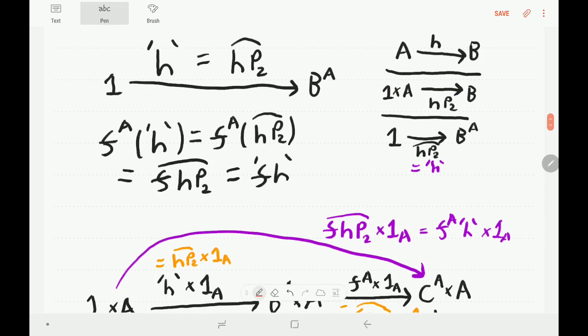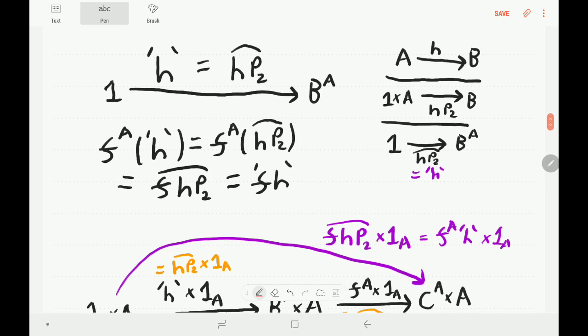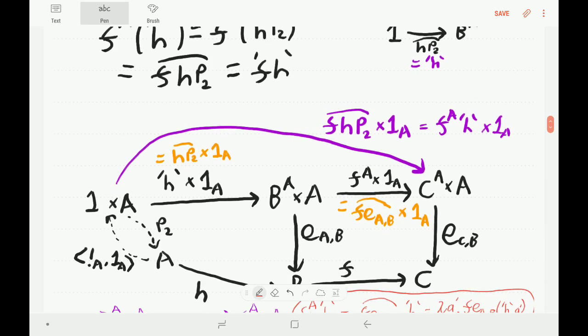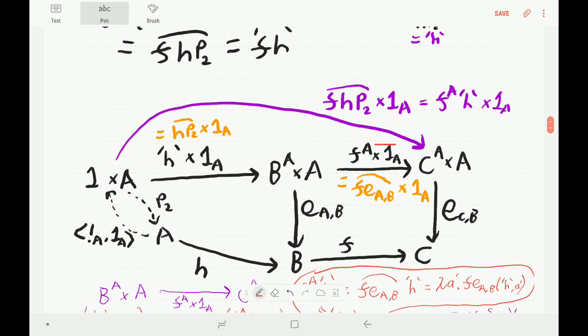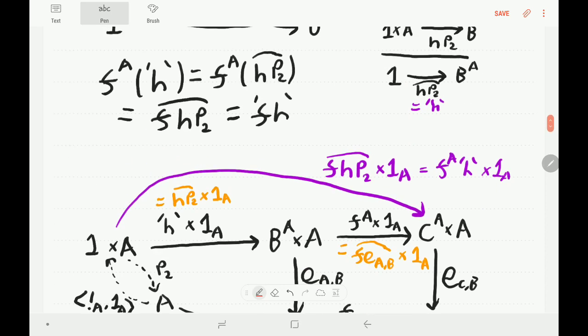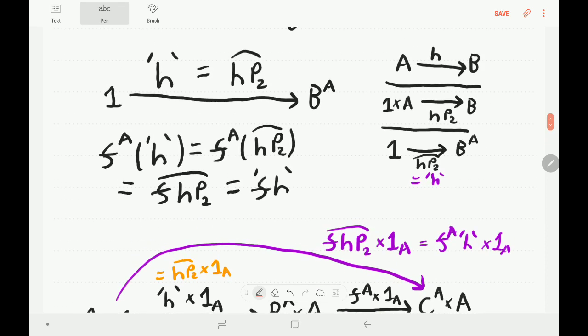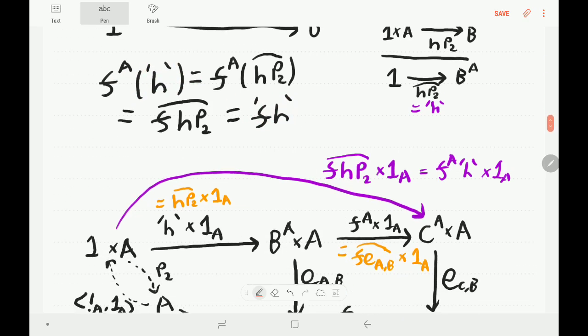So there we are. So anyway, we've seen this diagram before, and it's really the diagram which proves this formula here, that f to the power of a operating on the name of H gives the name of FH, okay?